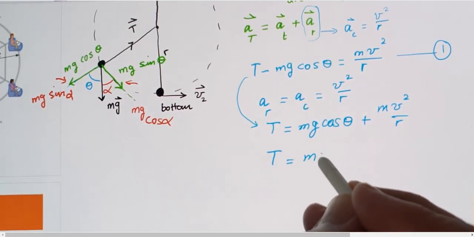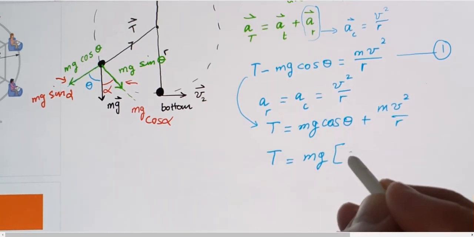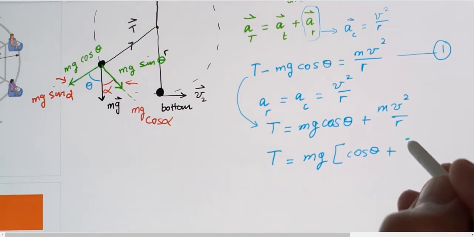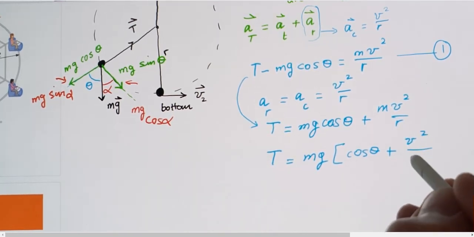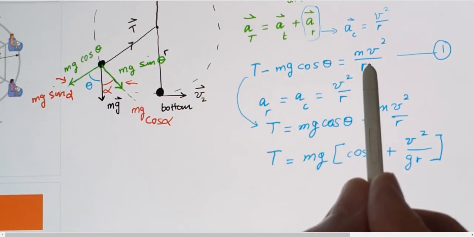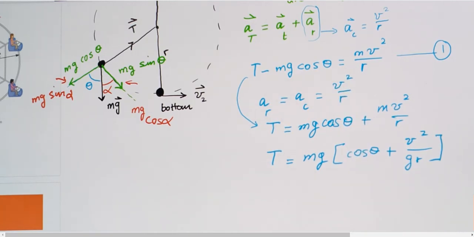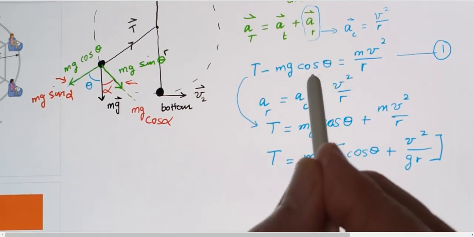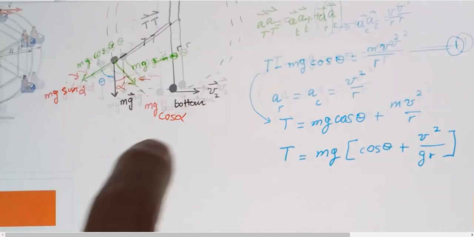I can take mg out, so I end up with cosine theta plus v square over g r. But it won't make a difference. The important thing is, can you write this equation? And then after, depending on your problem, you can decide what to do with it. But the main beef is here.